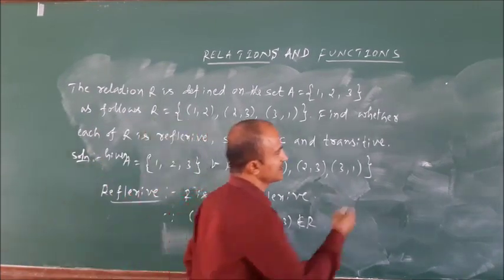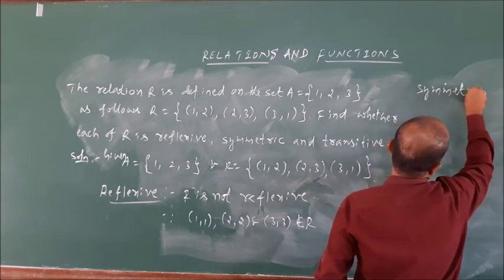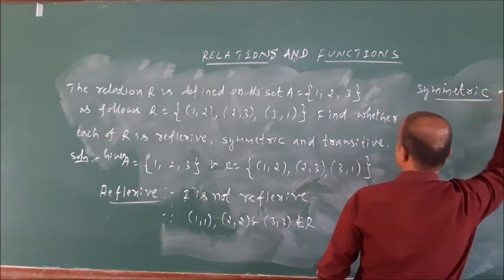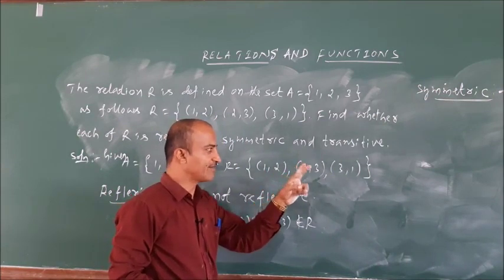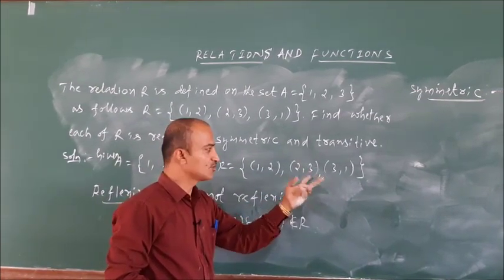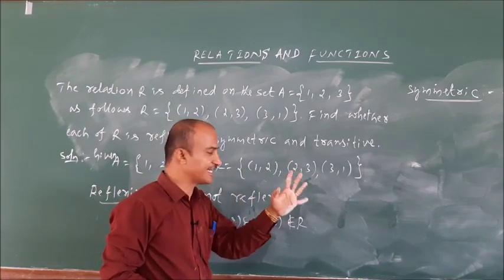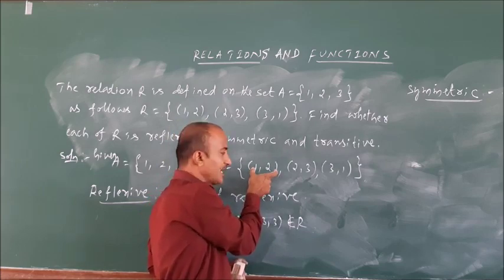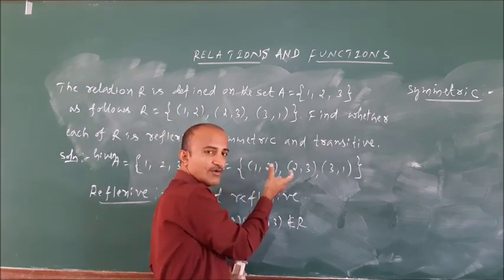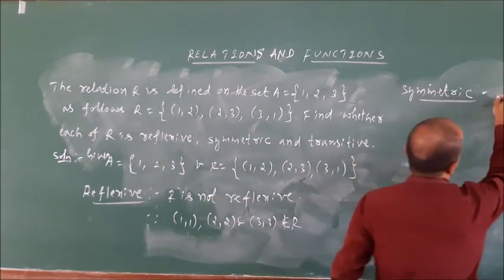Now we shall examine whether R is symmetric or not. Symmetric relation: (1, 2). Do we have any element like (2, 1) there? We have (2, 3), (3, 1). So one example is sufficient to say it is not symmetric. Consider (1, 2). That element never implies (2, 1). It is sufficient to say that R is not symmetric.